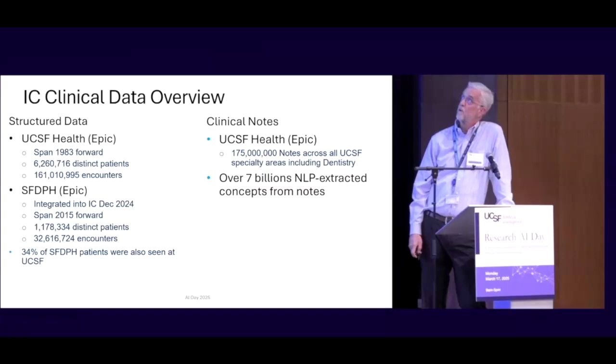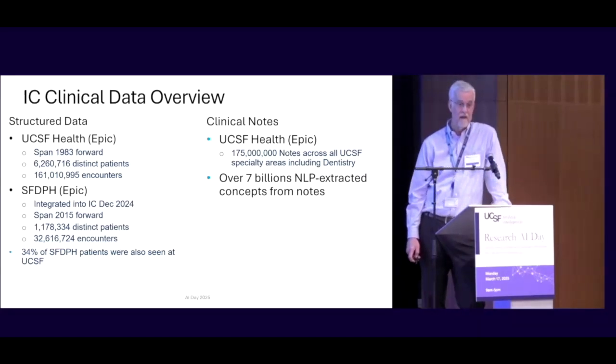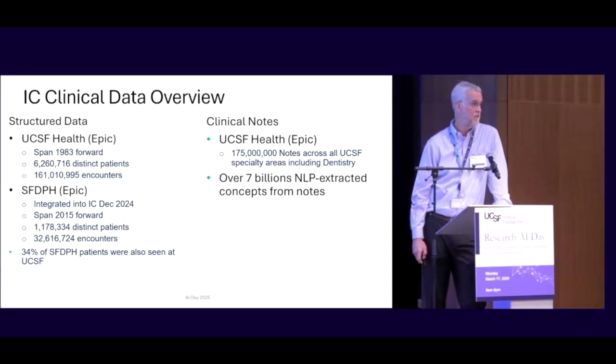So here you can quickly see a one slider of what data we have in the world of Information Commons clinical data. You can see the types of patient counts we have, both on the health Epic side and the health, as well as SFDPH.